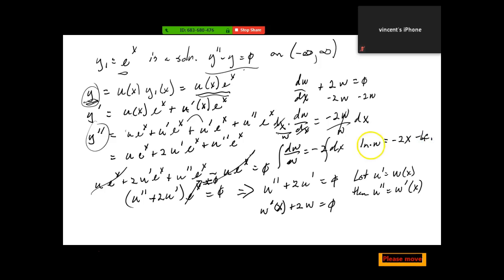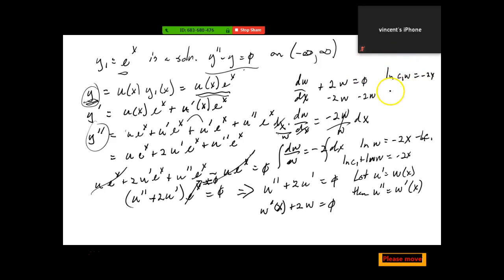So let's add it to the other side. That would be log c1 plus log w is equal to minus 2x. And you can combine those two to be the log of c1 times w is equal to minus 2x.